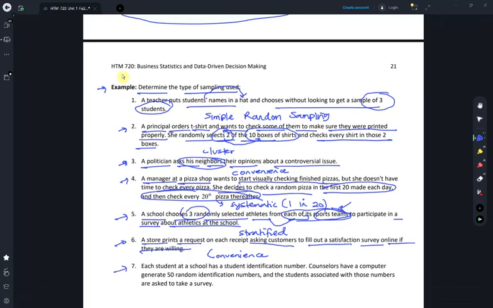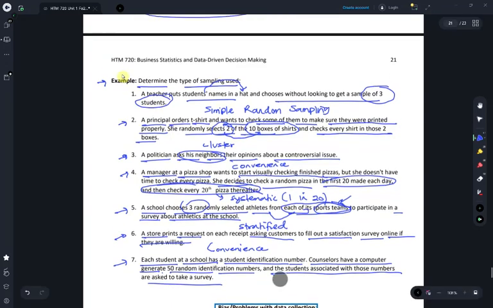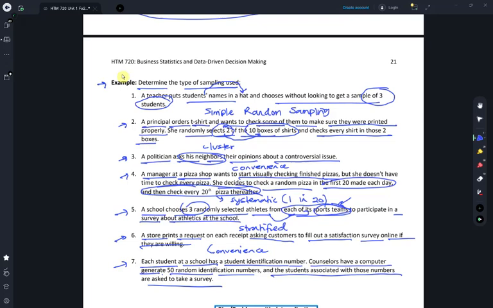And finally, each student at a school has a student identification number. Counselors have a computer generate 50 random identification numbers, and the students associated with those numbers are asked to take a survey. So I would say in this case that this would be a case of simple random sampling.